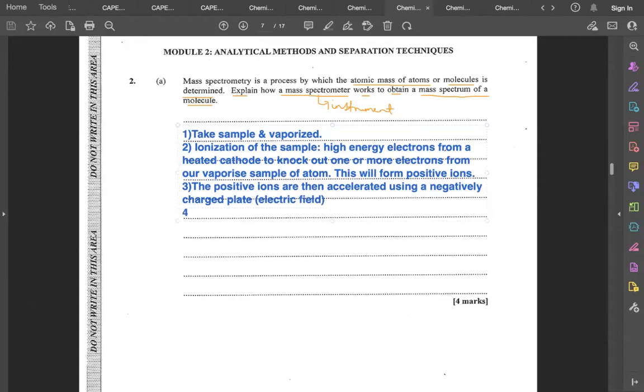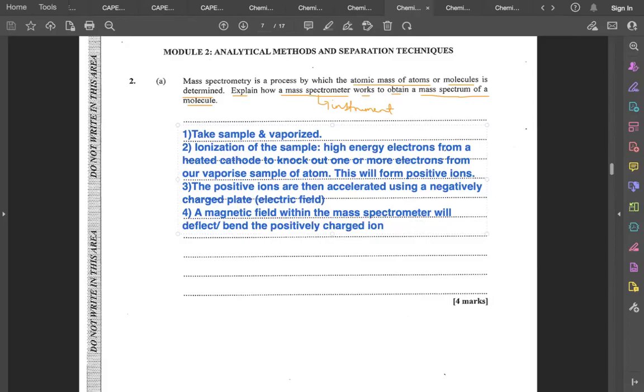Then one of the next steps, not the final one, is that a magnetic field inside the mass spectrometer will deflect, or bend, our positively charged ion that we generated and accelerated.